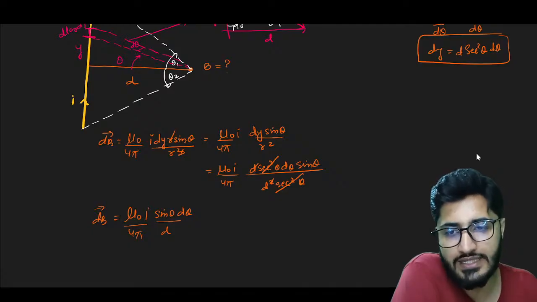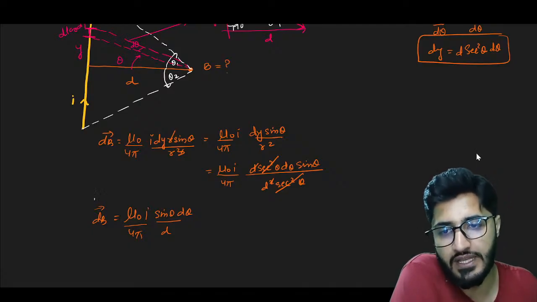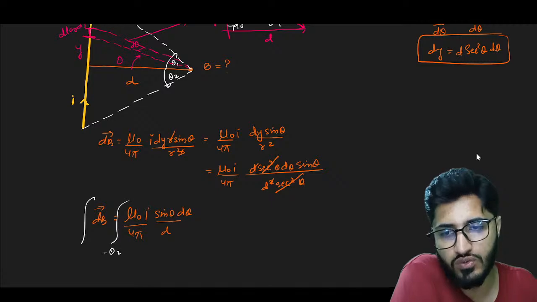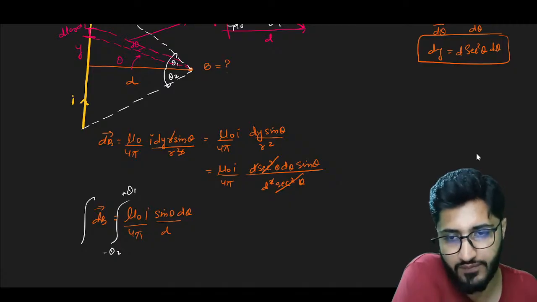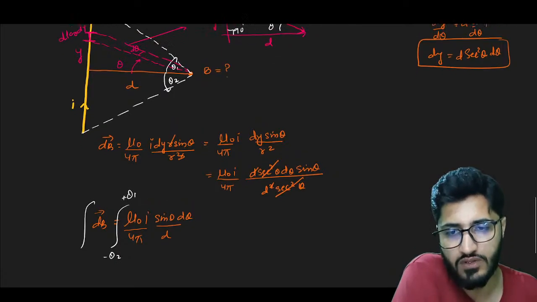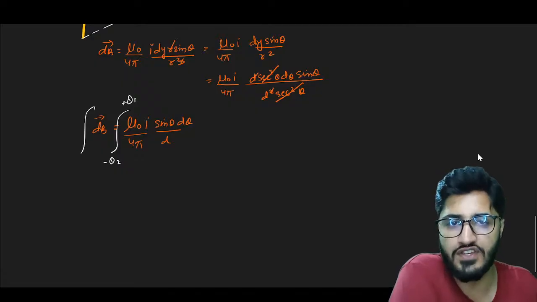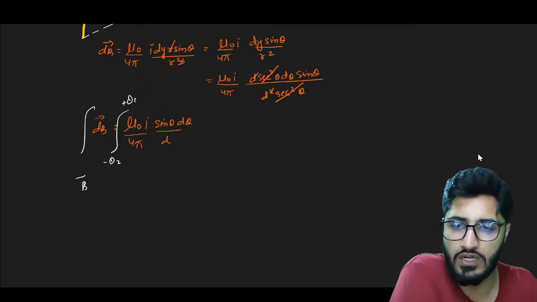But I don't need this dB by d, I need B. So I will integrate it from minus theta 2 to plus theta 1. Look now, differentiation of dB will be B only.